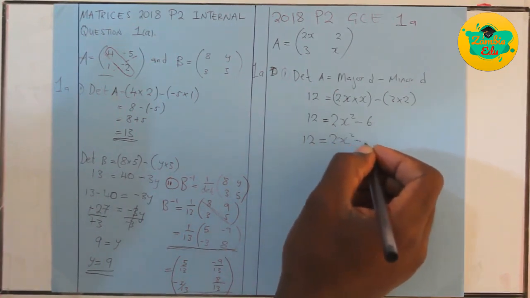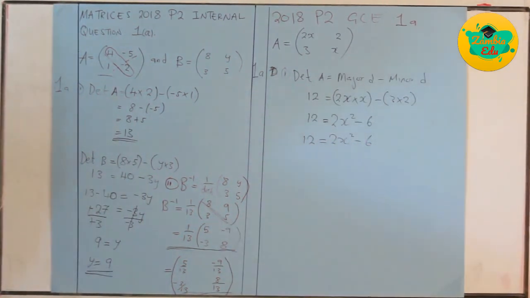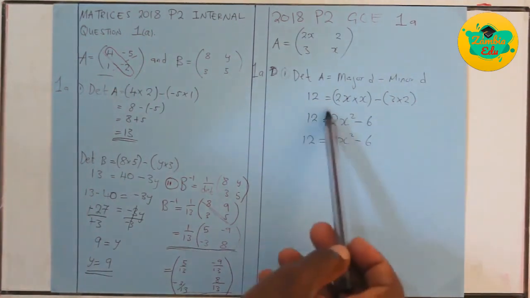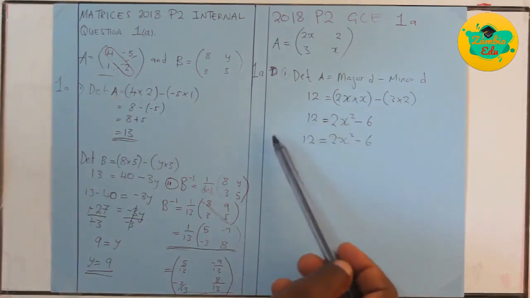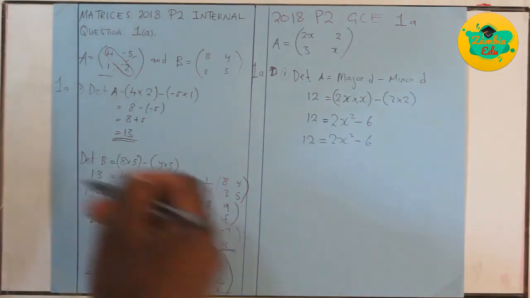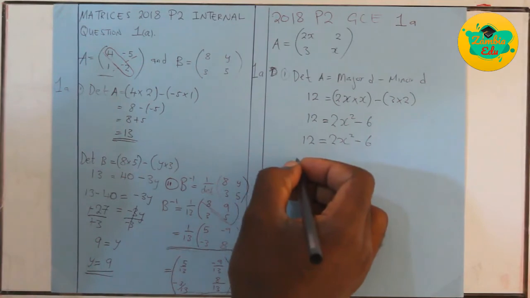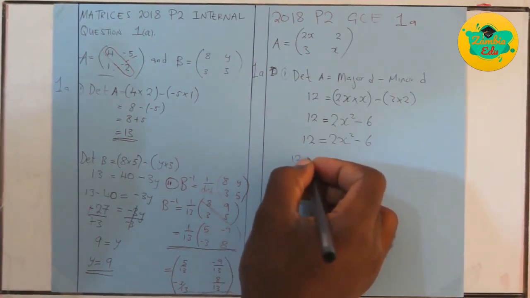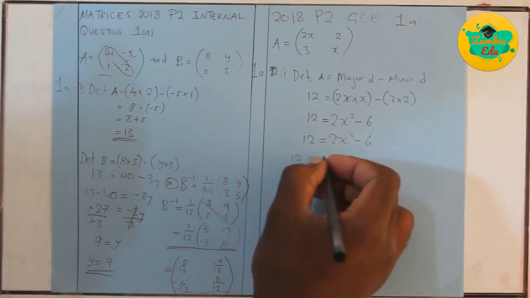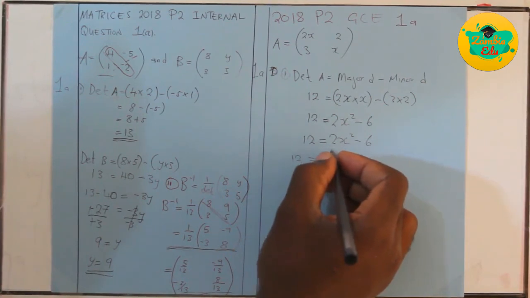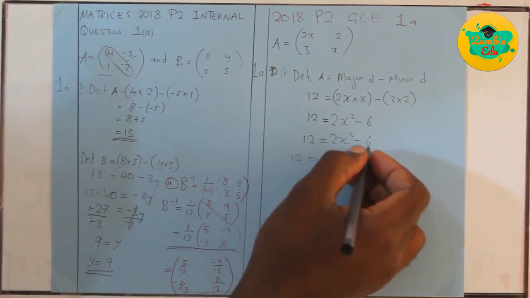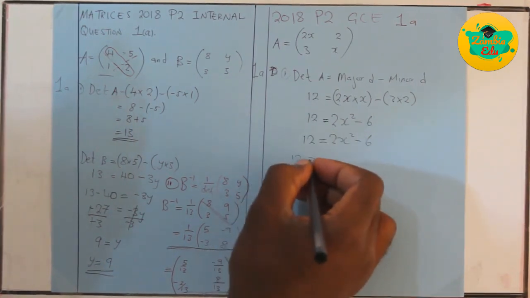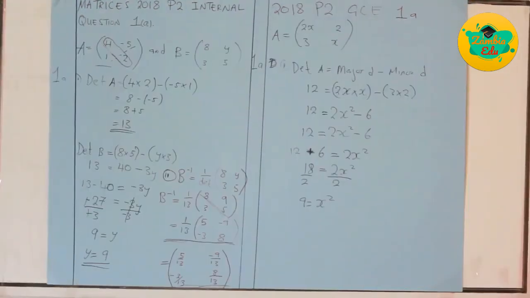Don't do it the way I've done it. As you can see, I have literally repeated the same step over, so you can just skip one step and do it once. The next step is to group the like terms. Send the 6 to the other side.